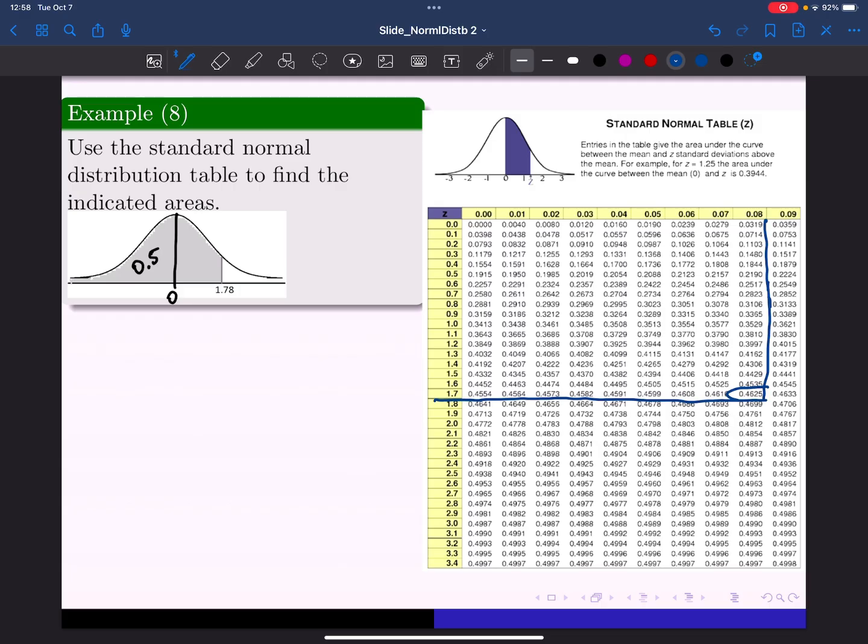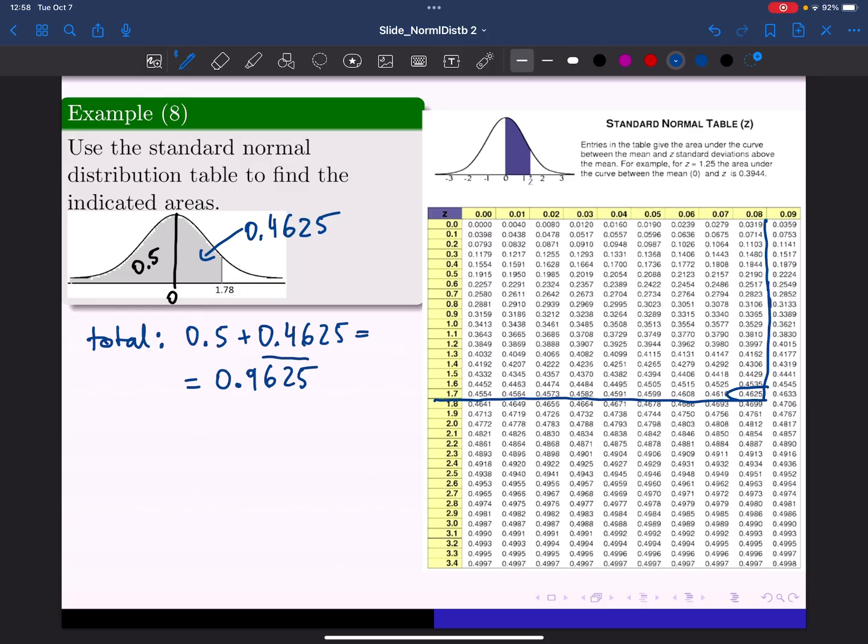I'm sorry, this is the area, 0.4625. This area is 0.4625. So then the total or shaded area would be 0.5 plus 0.4625, and that gives me 0.9625.